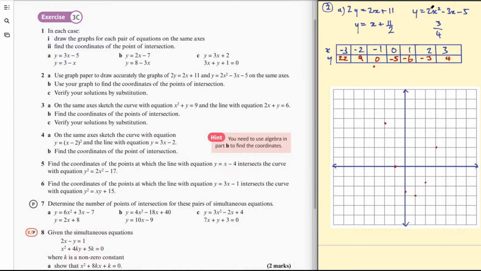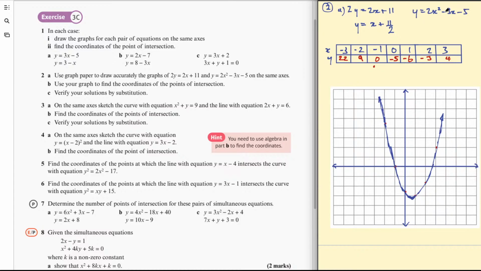Maybe not. Okay, so I'm just going to go ahead and sketch this and see. I guess it would look something like this. Okay, so that's the graph of that quadratic.